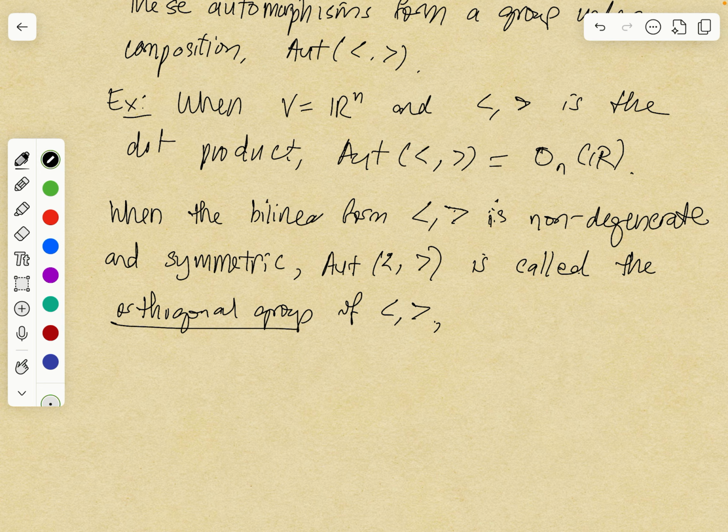And it's written O(V) if the form is known, right? It's the orthogonal group of the vector space if we think of the vector space as automatically being given a symmetric non-degenerate bilinear form. Okay, so that's what the orthogonal group is.